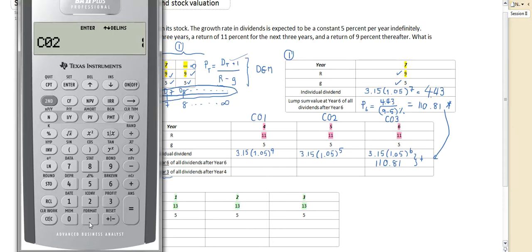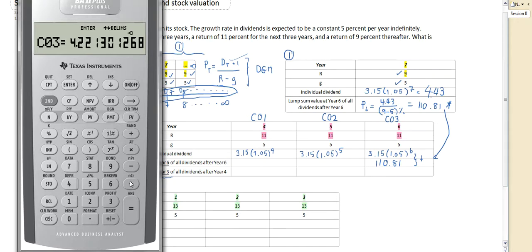CO2 will be 1.05, grow 5 times, right? Equal times 3.15 equal, and enter. And CO3 will be 3.15, I'm sorry, we start with the power first. 1.05 to the power of 6 times 3.15, okay, and enter this as CO3.